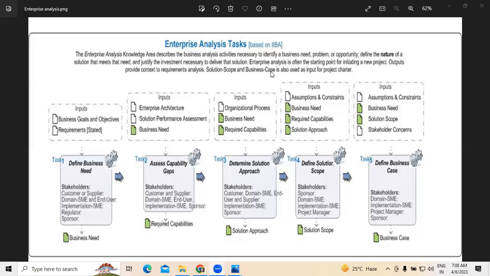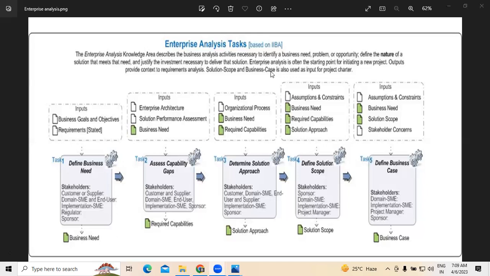If there is an assignment given to you, before you start it, you see what assumptions and constraints you have to keep into account, so that you will plan your solution or the work accordingly, right? Based on the possible constraints, what you have projected may not be 100% real, but possible constraints make it difficult. That knowledge is required here. This is what defining the solution scope is all about.